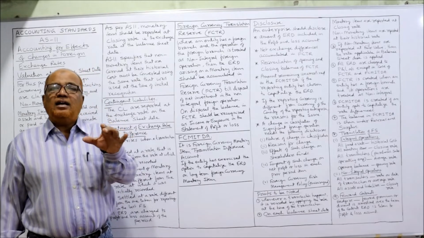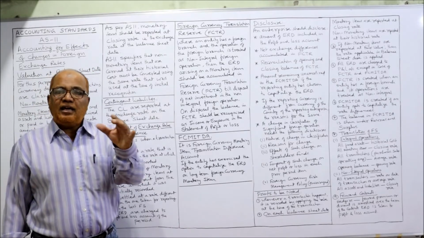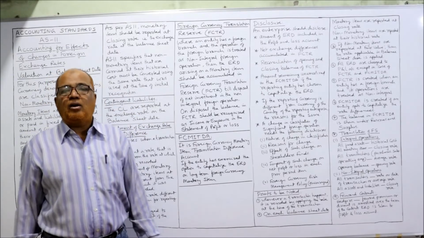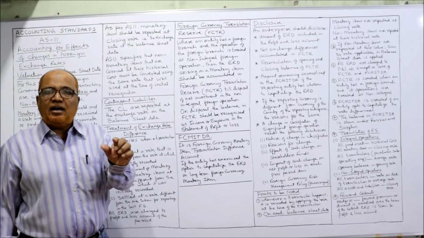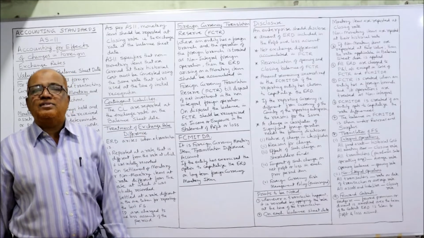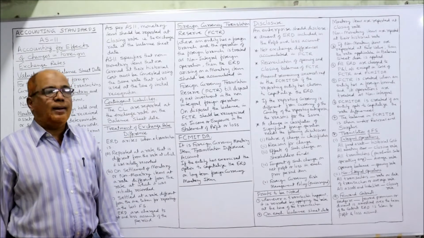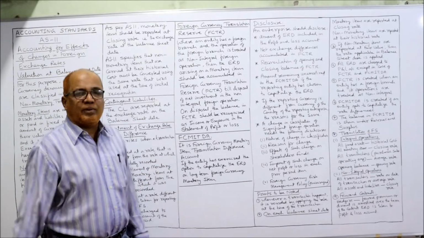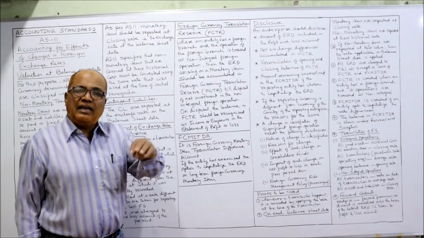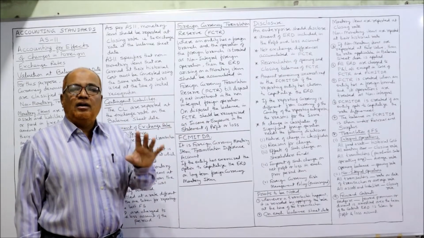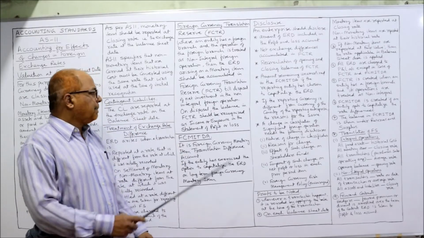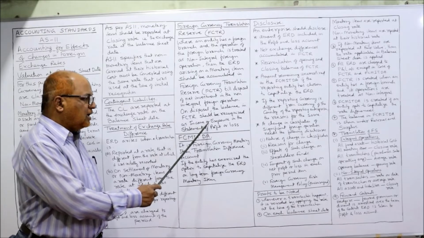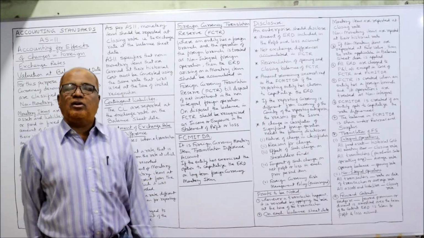First of all, when a firm is having foreign operations and those foreign operations are non-integral operations, then any ERD, exchange rate difference, arising on those non-integral operations will be transferred to FCTR, foreign currency translation reserve, till the net investment in that operation. Till the time of net investment in that operation, it will be kept. So on disposal, the balance in FCTR should be recognized as an income or expense in the statement of profit and loss.